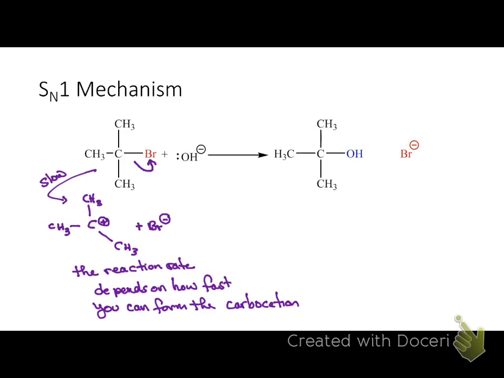If you remember, a carbocation has a positive charge on it, right? And in turn, how fast you can form the carbocation is dependent on how stable the carbocation is.